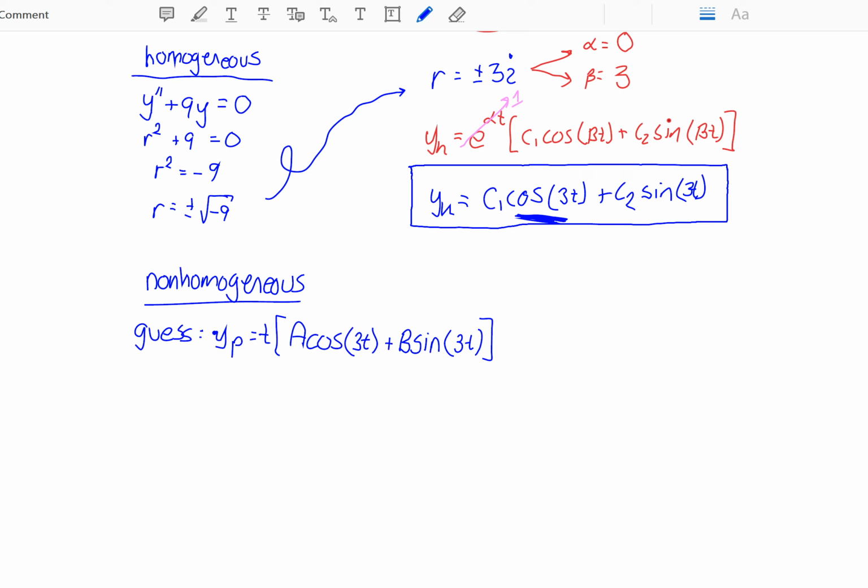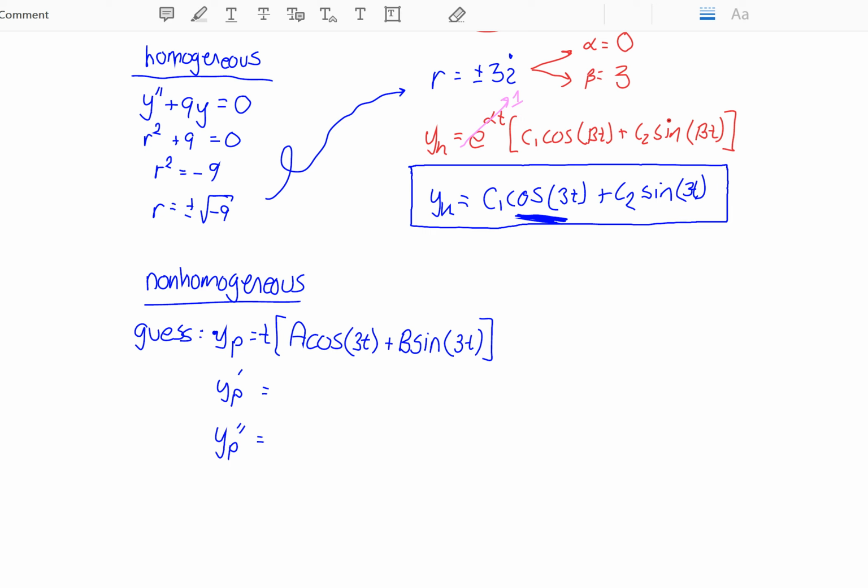Now, with this as our guess for yp, we want to evaluate this guess in our differential equation. But it means we're first going to have to find our first derivative and our second derivative. So let's go find these derivatives.